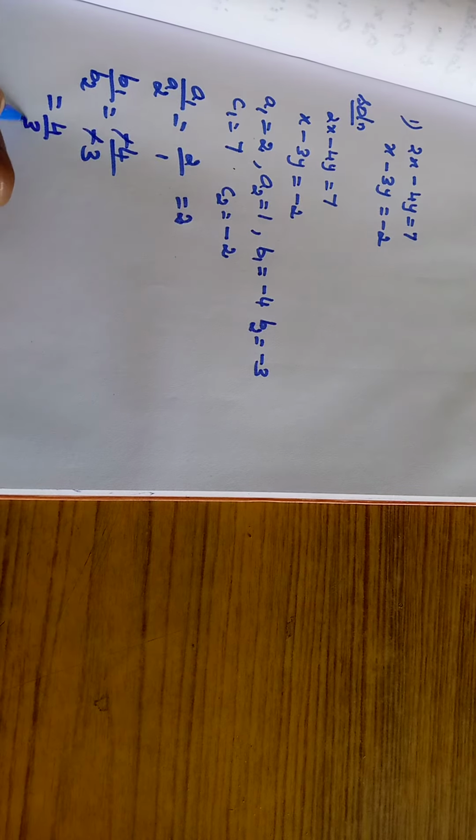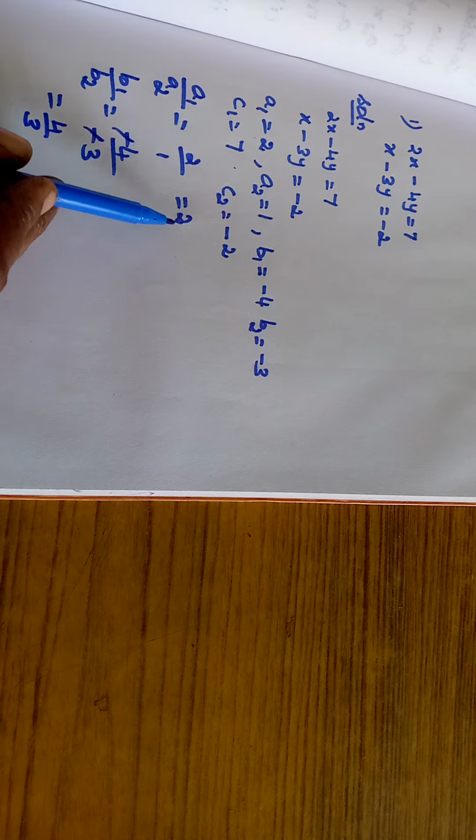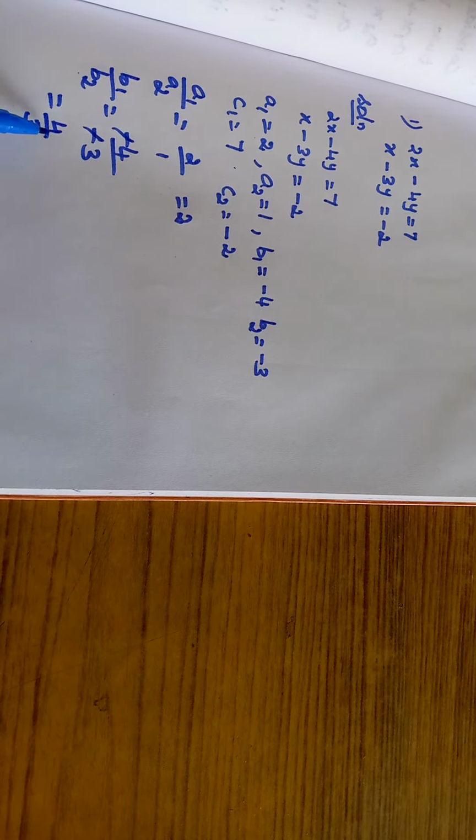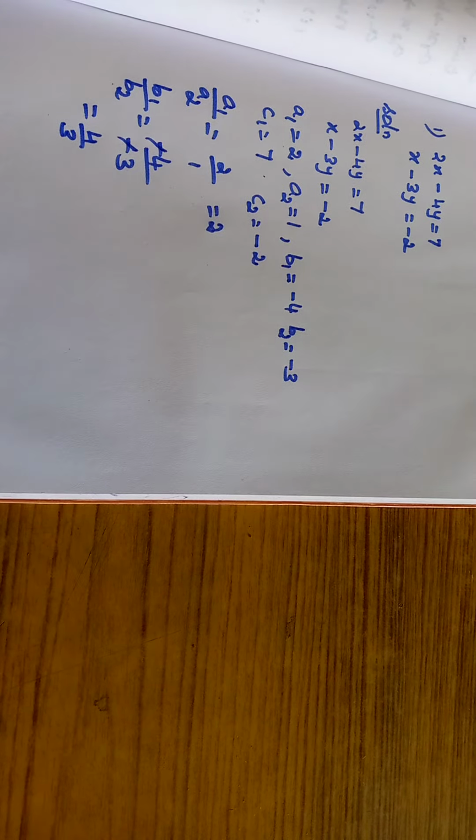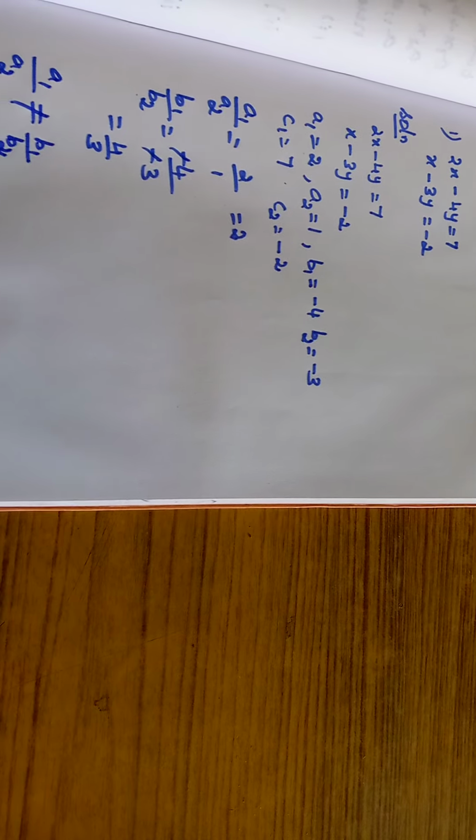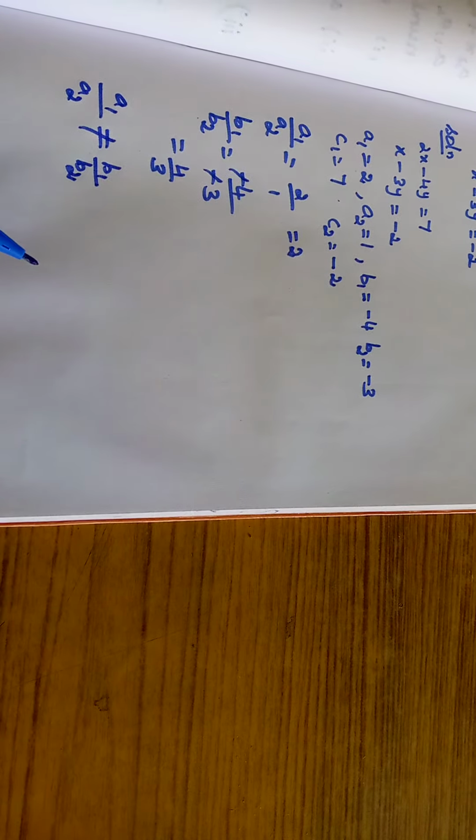Compare a1 by a2 and b1 by b2. Is it the same? a1 by a2 is 2, b1 by b2 is 4 by 3. Is it the same? Not equal. a1 by a2 is not equal to b1 by b2. So what type of solution does it have? Unique solution.